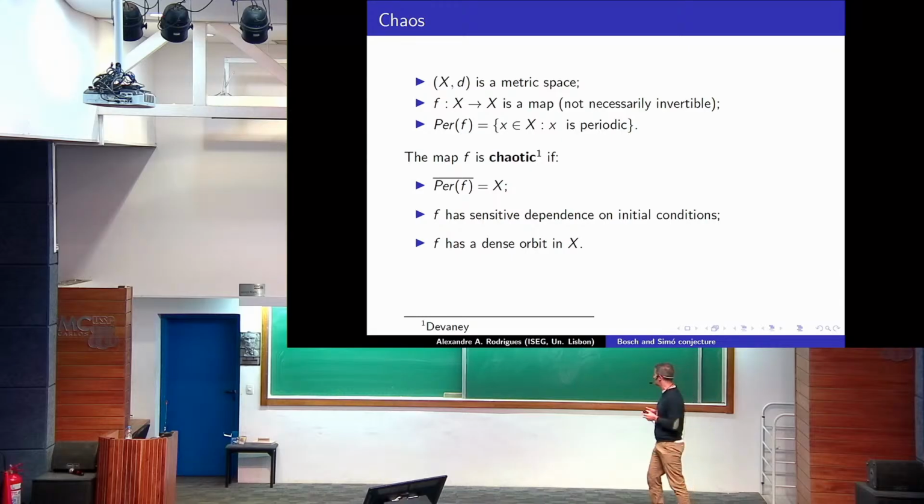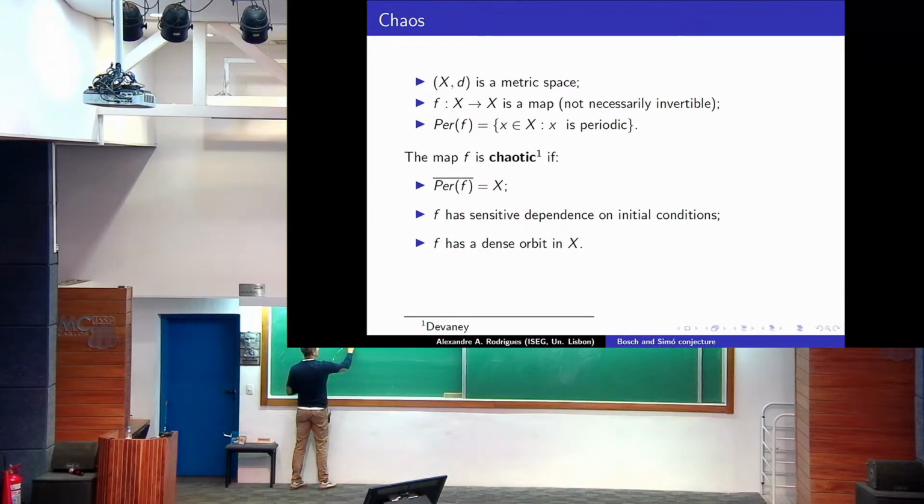What is the meaning of this? It means that if you start with two initial conditions, X and Y, very close, and you compute the orbit of X and the orbit of Y, at some point the distance is greater than a given number.